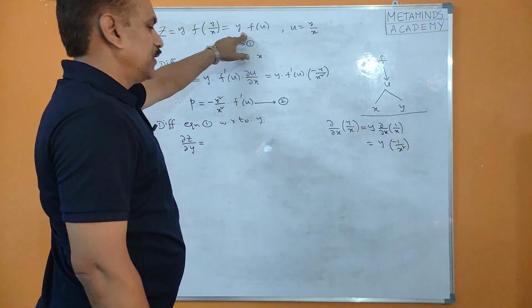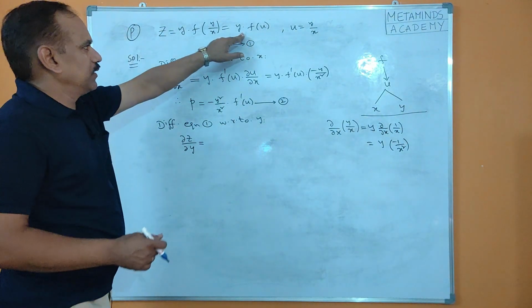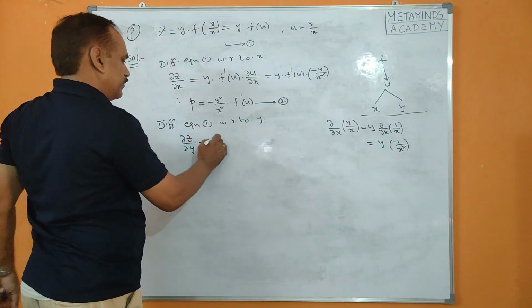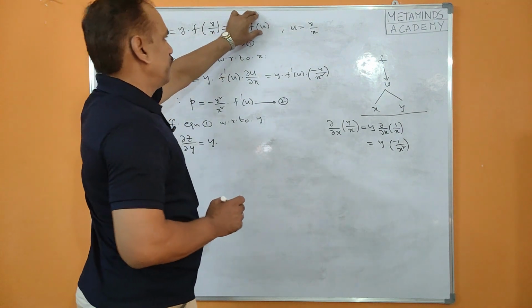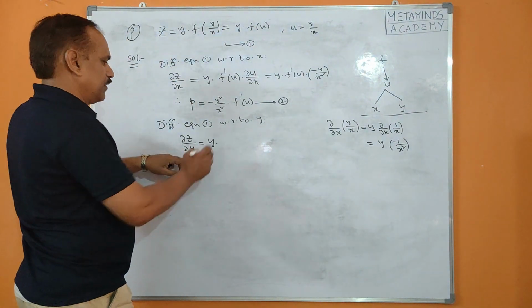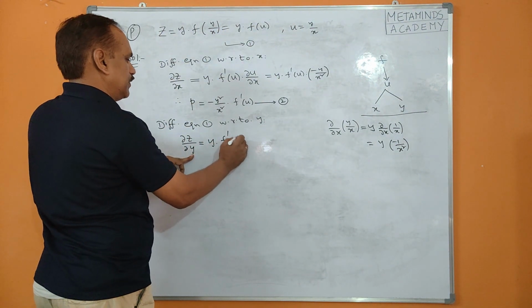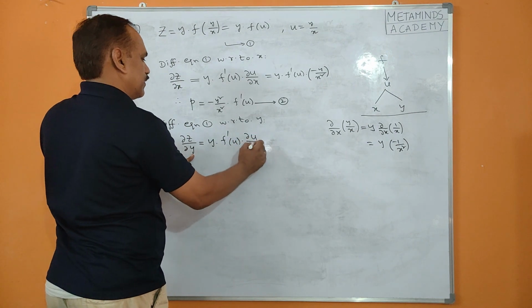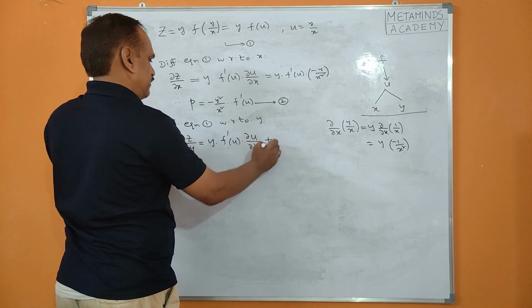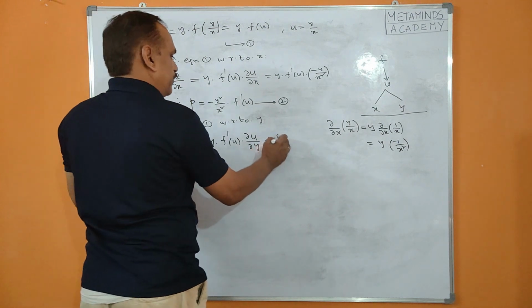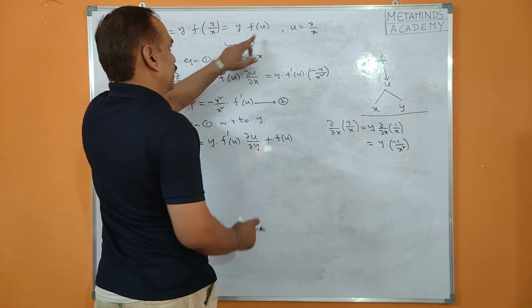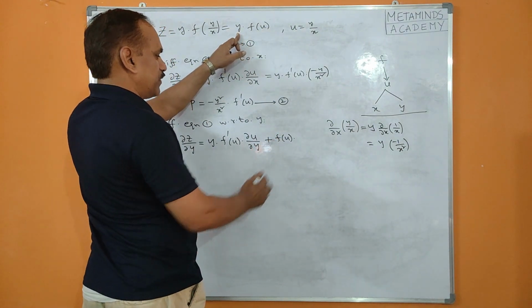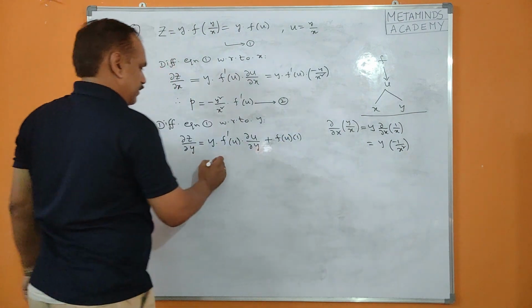So you have to go for the uv formula. So y into derivative of f of u with respect to y is f dash u into dou u by dou y, plus f of u into derivative of y with respect to y, which is 1.